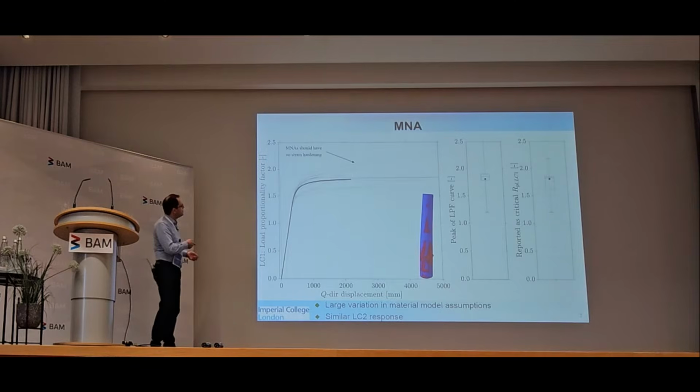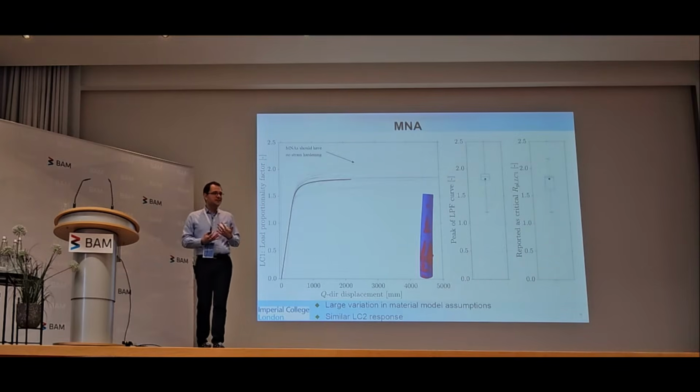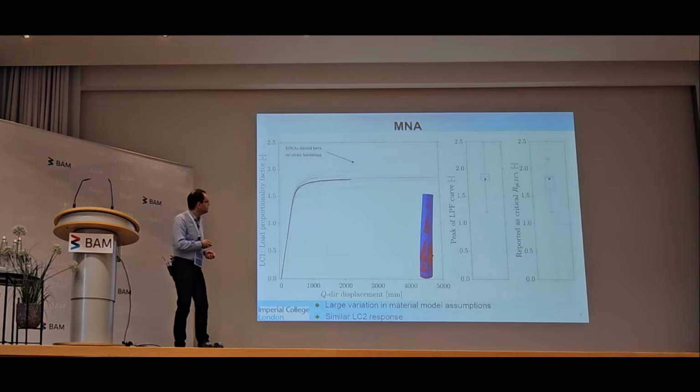And this is because the modelers here assume strain hardening as a model. And an MNA should never have strain hardening in it. It should be an ideal elastic-rigid plastic law, because that is what a small displacement plastic collapse analysis also assumes, and the two should match.